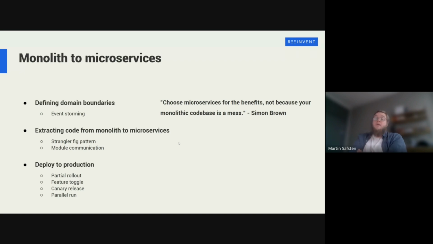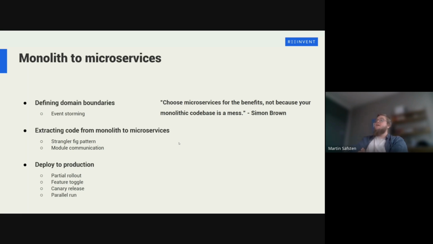A normal thing would be to look at microservices, because breaking a monolith up into microservices is something a lot of people are doing right now, and it's a hard thing to do. Not only refactoring the code into microservices, but there's a lot of infrastructure that needs to be put in place.